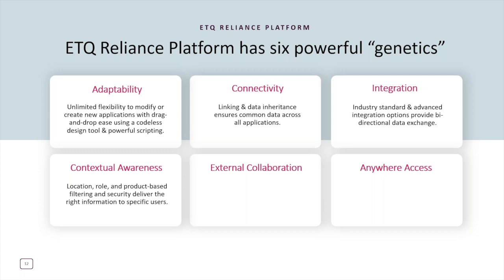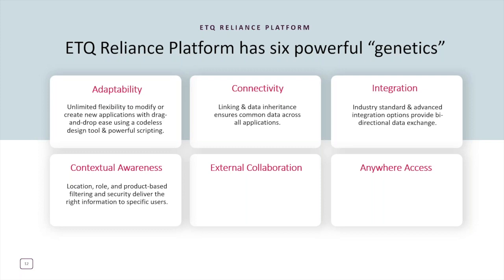So it's the same interface, and most importantly, the same configuration, dynamically filtering, but the manager of both the New York and the Los Angeles locations that are above them on the hierarchy can open the system and log into the same application and open it up and look at it, and they would see everybody's information from both of those locations. So that kind of contextual awareness gives us the ability to harmonize.